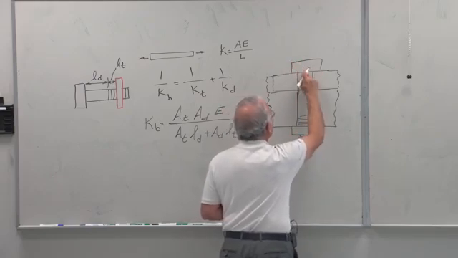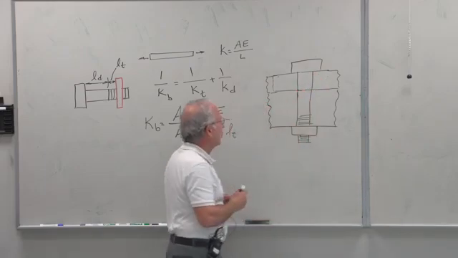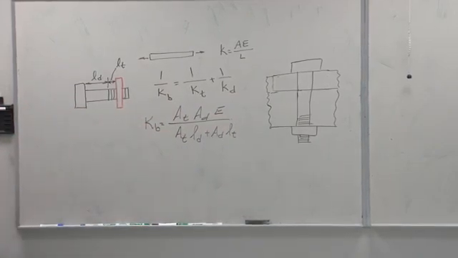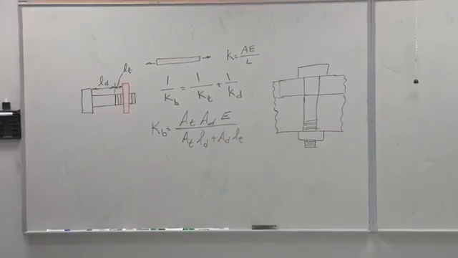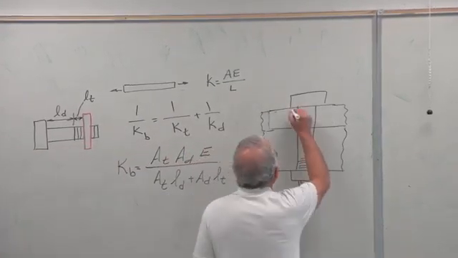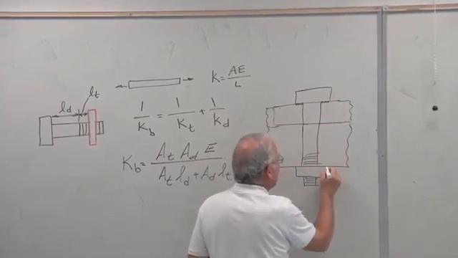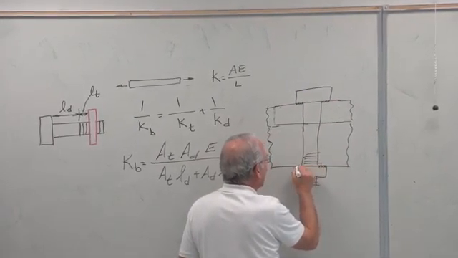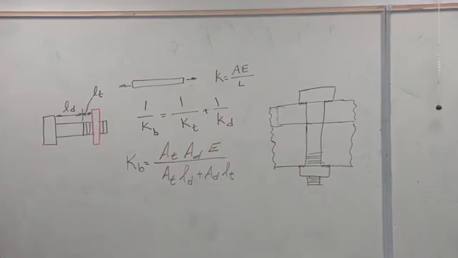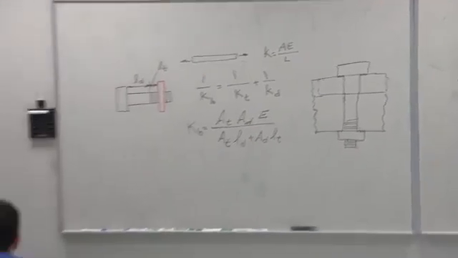So there is a bolted connection right there. When we tighten the bolt and produce a preload, there are high loads here and here, coming from the bolt head and from the nut as you tighten the bolt. Everybody okay with that, right?